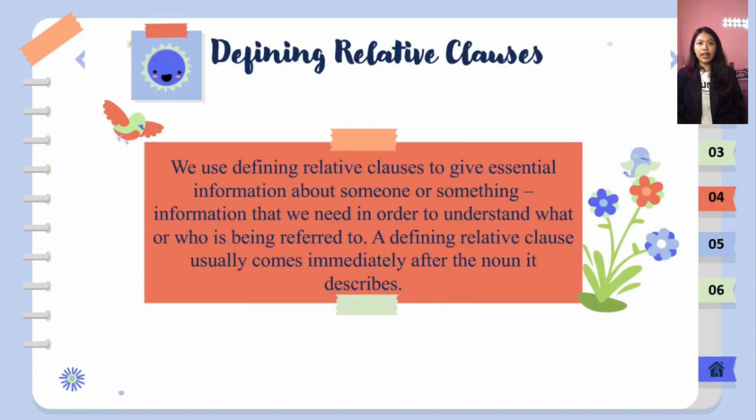Okay, next, the defining relative clause. We use a defining relative clause to give essential information about someone or something, information that we need in order to understand what or who is being referred to. A defining relative clause usually comes immediately after the noun that is described.